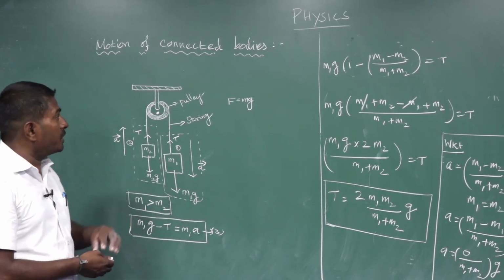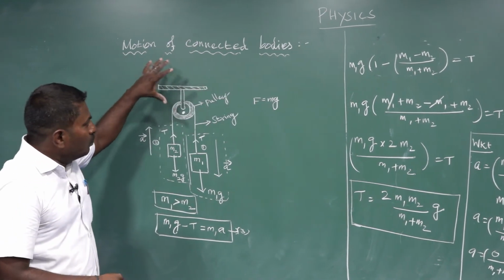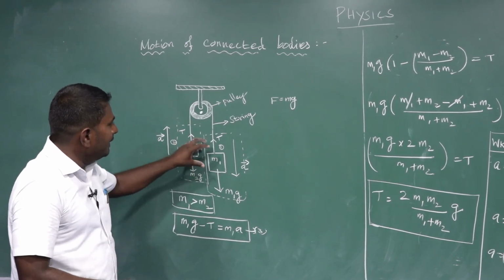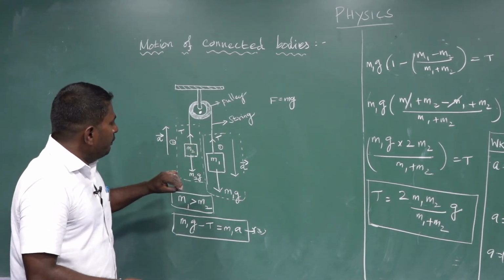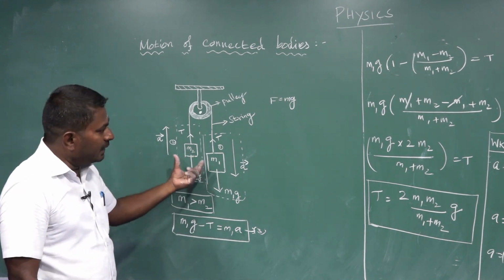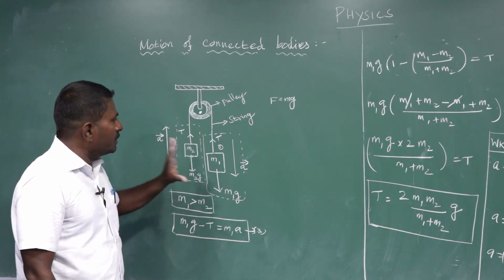So in this video session, we saw the motion of connected bodies. In the motion of connected bodies, both blocks are connected by a light inextensible string, and both blocks accelerate with the same acceleration. Already we found the tension produced in the string.